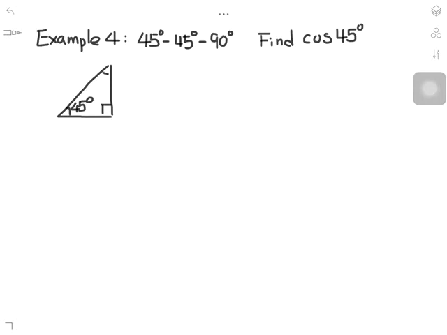And if you remember, 45 is a very special triangle because it's an isosceles right triangle, meaning that this side and this side are congruent. They are the same length. So if I make this one 1, this one will be 1. If I make this 2, then this one will be 2, and so on.